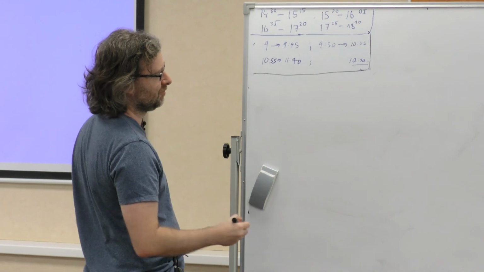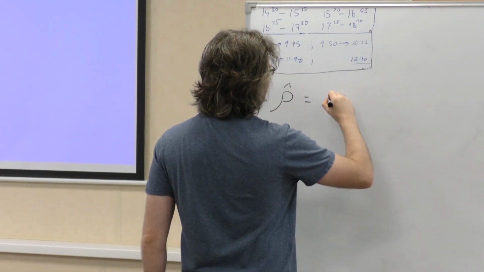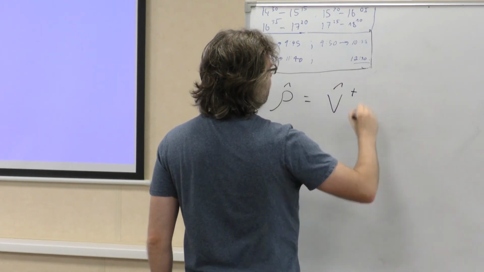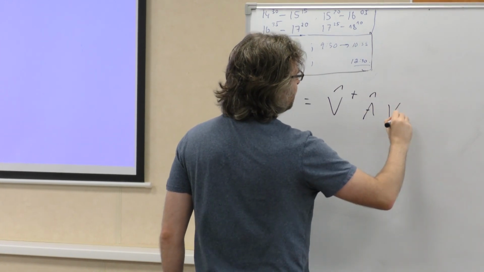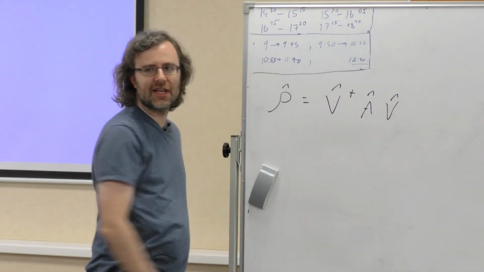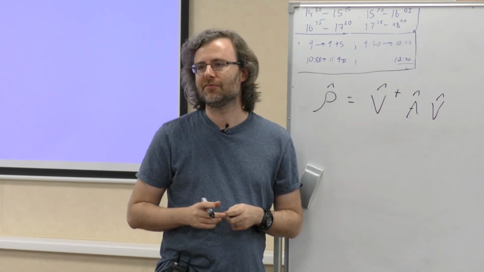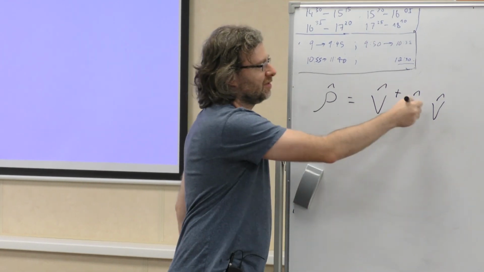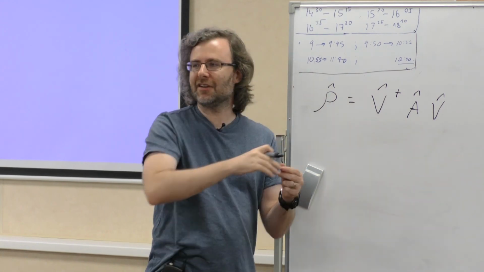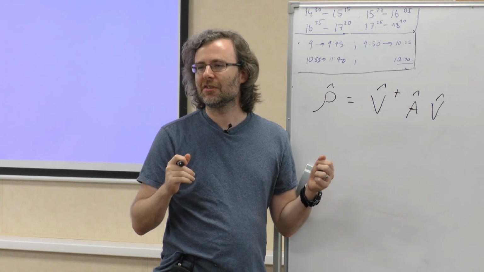So what we want is to write this matrix rho as something like V dagger A V, where A is a diagonal matrix and these are unitary matrices. I set this up so that the eigenvalues are arranged in order from top to bottom.